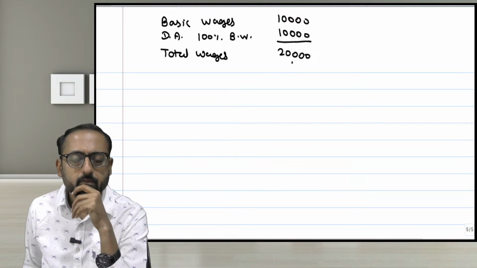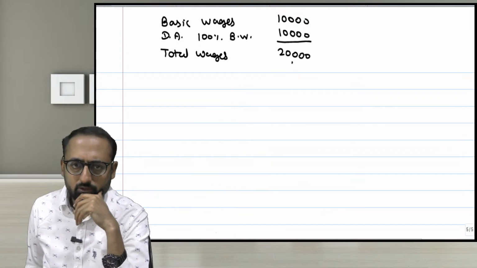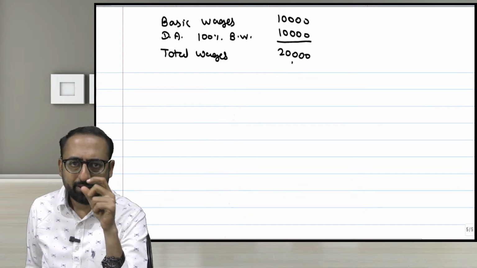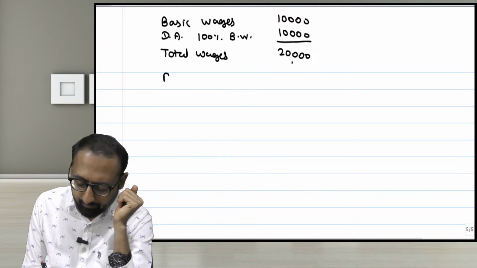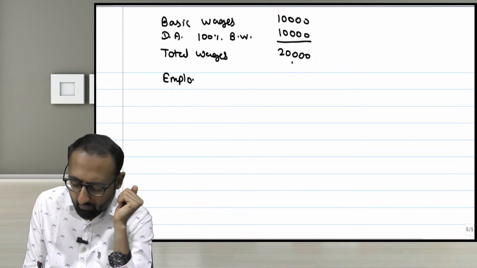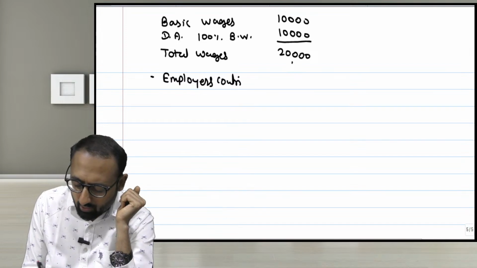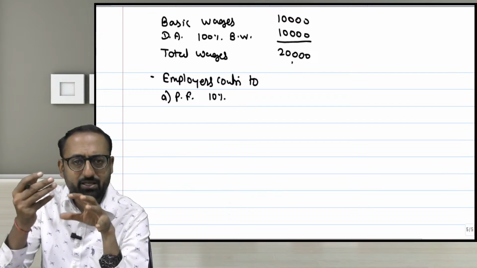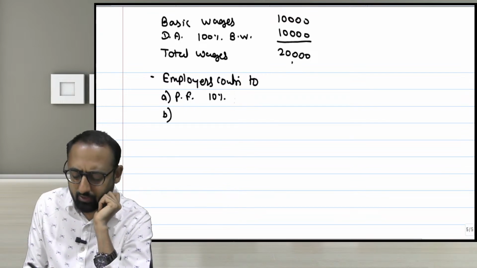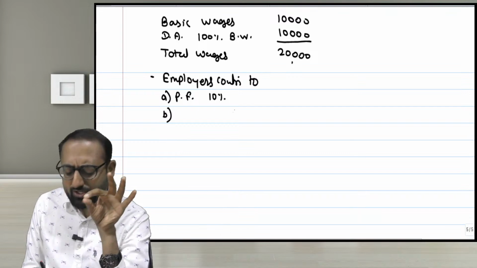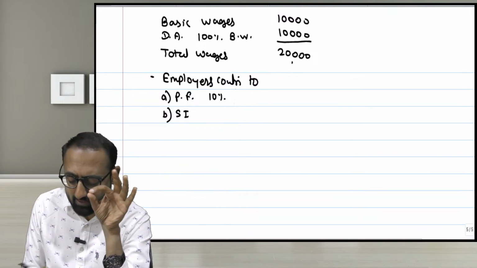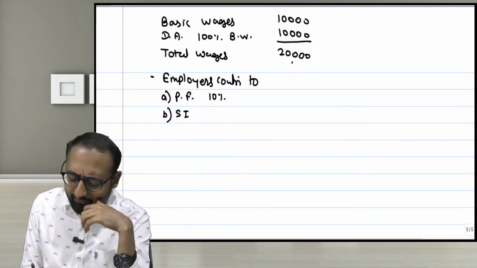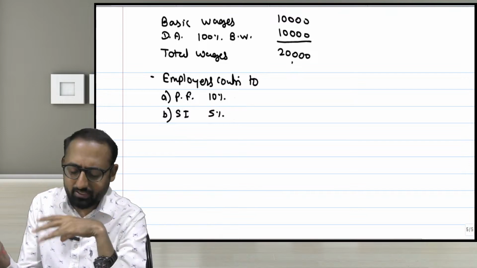Okay. Now in the question, it is given that employer's contribution to provident fund is 10% of basic and dearness allowance, suppose, and employer's contribution to state insurance is given 5% of basic plus dearness allowance.